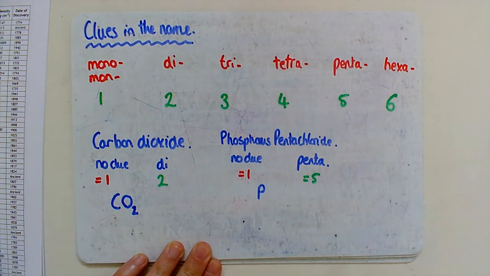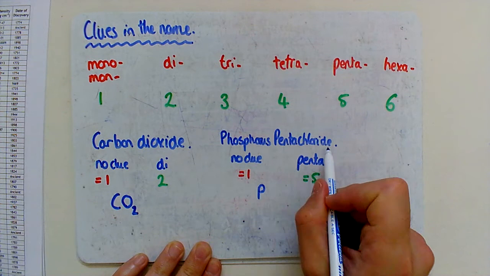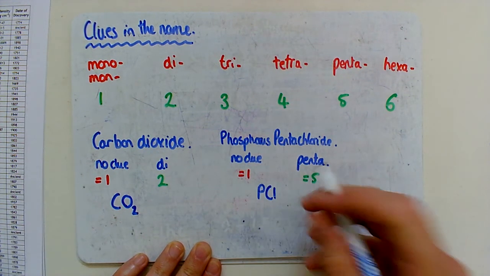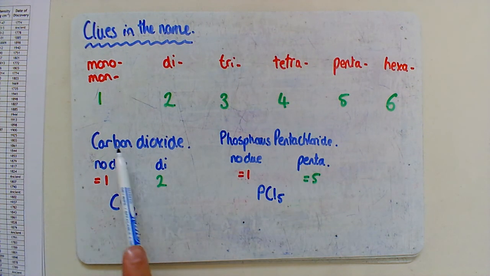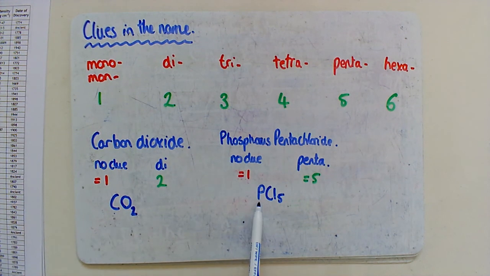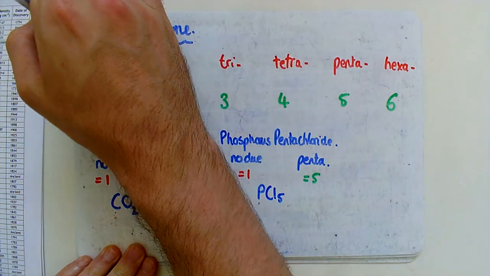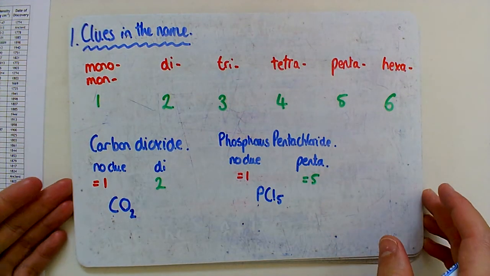Phosphorus is P, and chloride comes from chlorine, and that symbol is Cl5. So you can see, even if there's only one clue in the name, beside one of the parts of the name, you can write out the chemical formula. The chemical that has no clue in its name, the symbol is just written out on its own; there's only one of them. So that is how we do the first type, chemicals that have clues in their name, and you can see that's really straightforward.